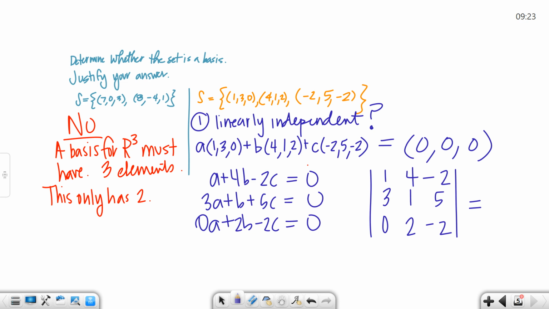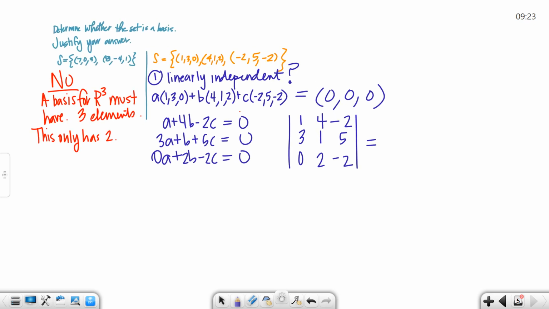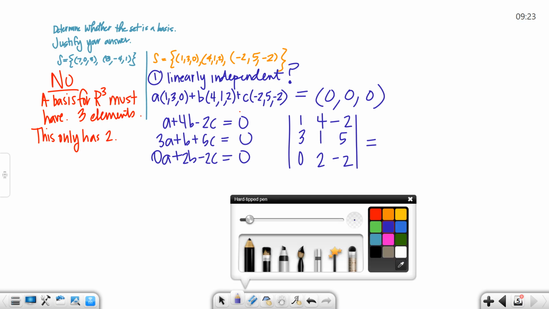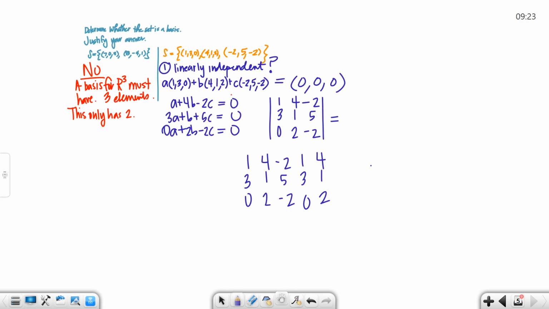Okay, and then we're going to find the determinant. Now you're welcome to solve it all the way out, but you don't have to. I don't actually need to know what A, B, and C equal. I just need to know if there's a solution, and that's how we're going to use the determinant characteristic. Okay, so I'm going to use mine with the diagonal method.